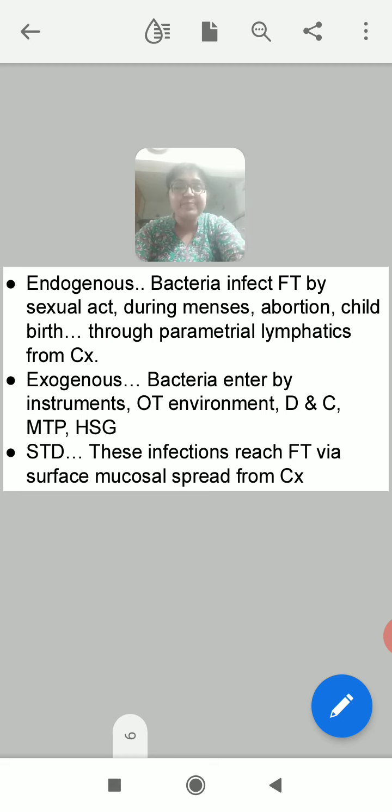So in all these procedures, when aseptic precautions are not taken, there are chances of getting infection from outside, and that comes under the exogenous type of infection. STDs, these infections reach the fallopian tube via surface mucosal spread from the cervix. So this is how the woman gets the infection, endogenous, exogenous, or through STD.